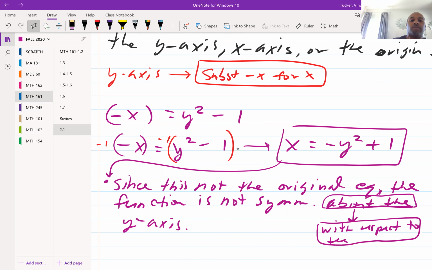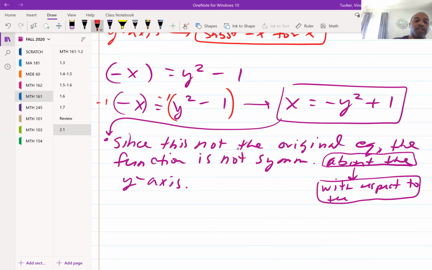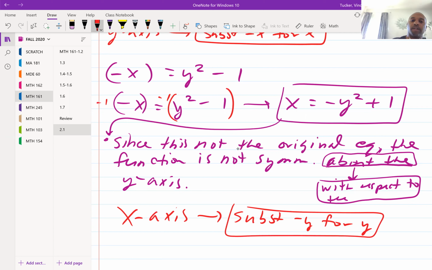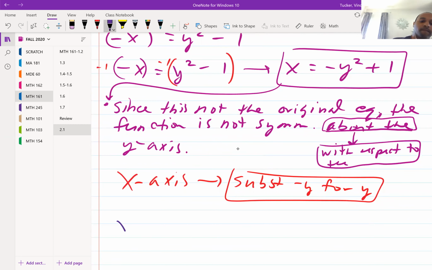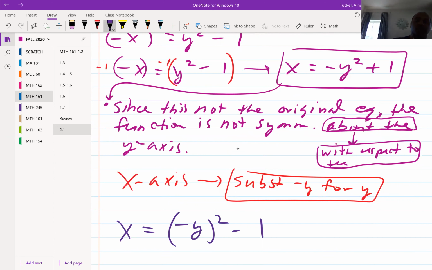So now we want to check symmetry to the x-axis, and that means we'll substitute in negative y for y and see what we get. So that's negative y squared minus 1.